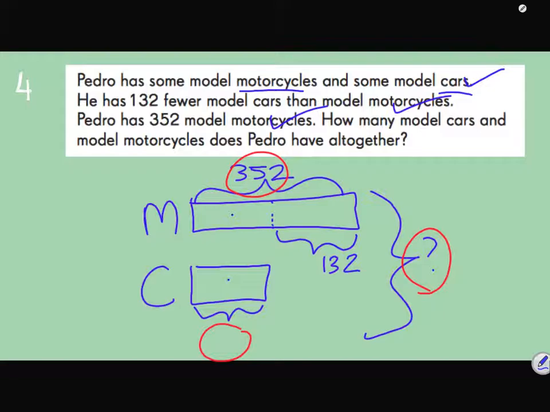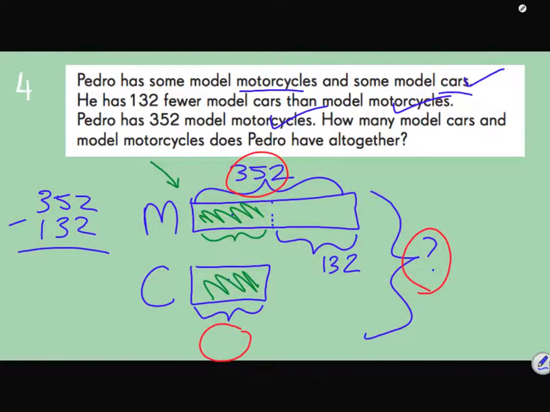So I know that this spot right here is the same size as this spot right here. Since those were marked as equal parts, then I can just use this top motorcycle bar here to subtract and figure out what this piece is. 352 minus 132 is 220.